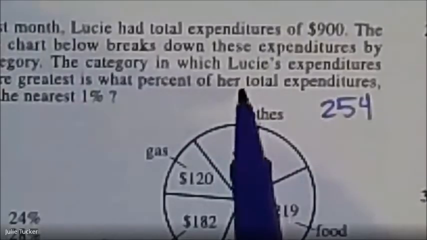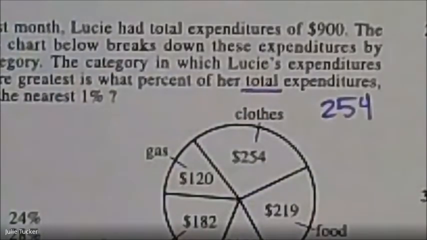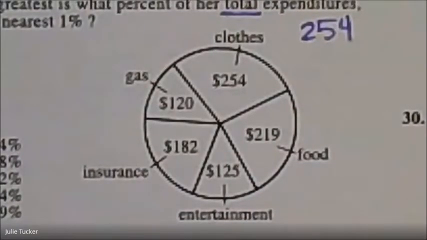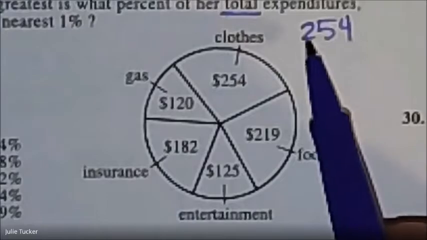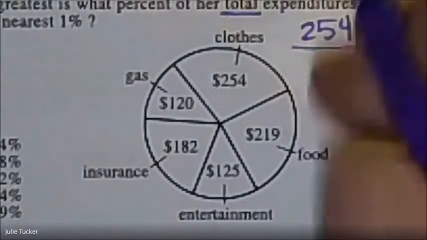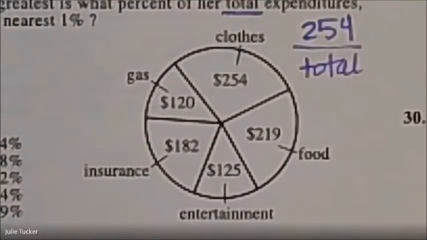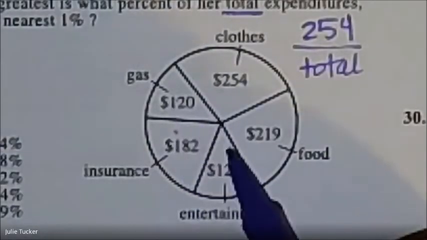They even told you this word, percent of her total. So you need to know what part it is of the total, don't you? Yeah. So you do part to whole. You need to know the total. So what do? I'm going to have to add all of those up, right?